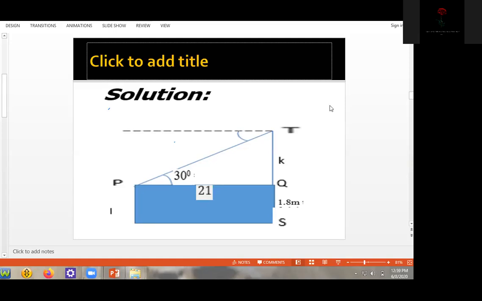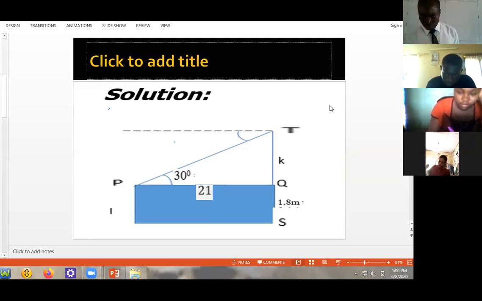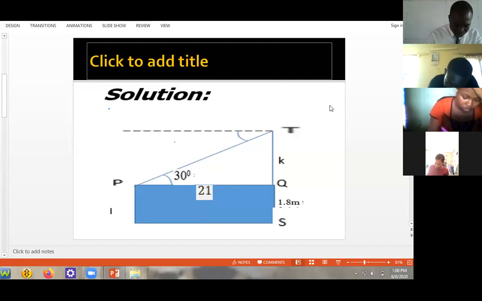So this is the sketch. Is that okay? A man is 1.8 tall. You can see the man SQ. The man SQ is 1.8 tall, and he observed a bird on the top of a tree.